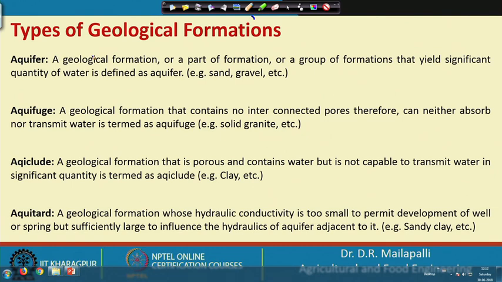It absorbs water, and once all pores are filled, the water drains due to gravity. So, the sponge can absorb as well as transmit. That is the particular property. Similarly, soil or sands or other rock material will have a particular property. We are going to see whether that property is favorable for water availability or not.